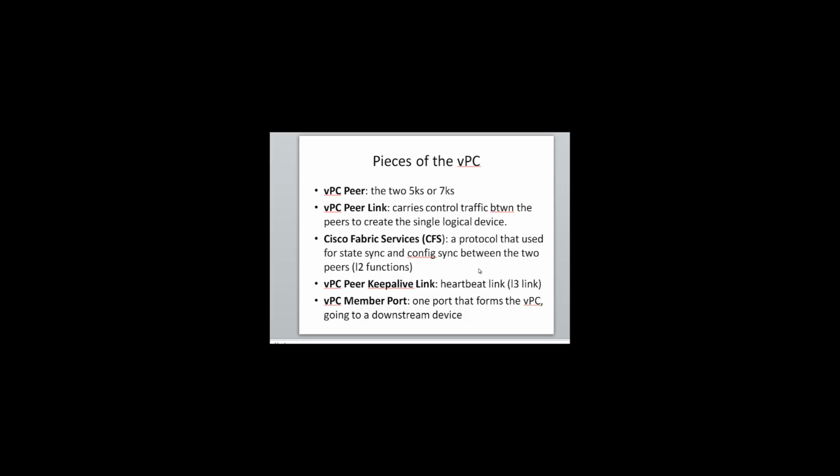Okay, all right. So, different pieces of the VPC. These are the key terminology and keywords that people will bring up when they talk about VPC. VPC peer is basically just saying there are 2 5Ks or 2 7Ks in there.